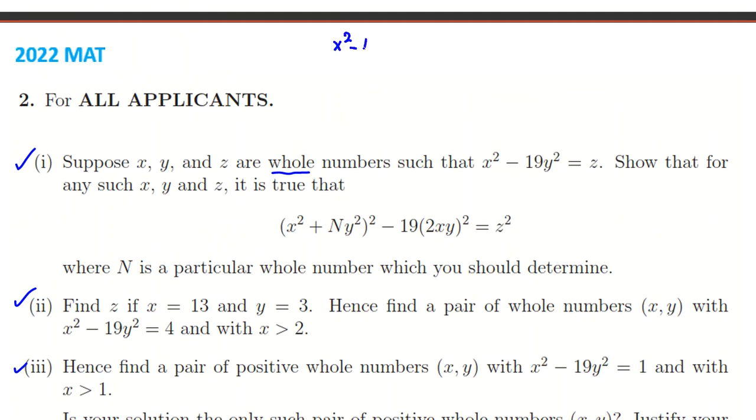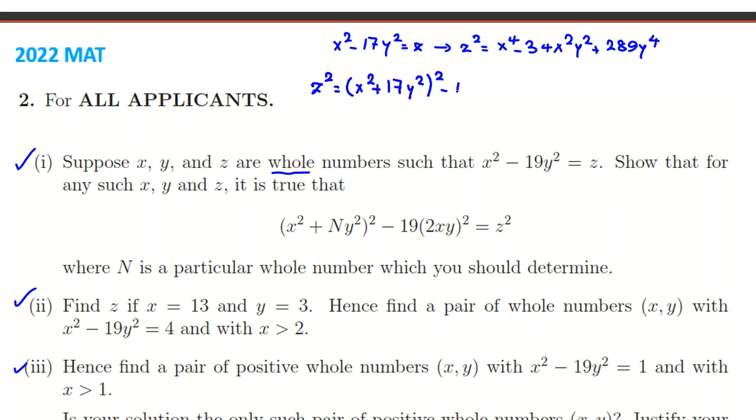Suppose x squared minus 17y squared equals z. So we want to see, does it work if we change 19 to 17? We know z squared equals x to the 4 minus 34x squared y squared plus 289y to the 4. Now here, z squared equals x squared plus 17y squared whole squared minus 17 times 2xy squared.